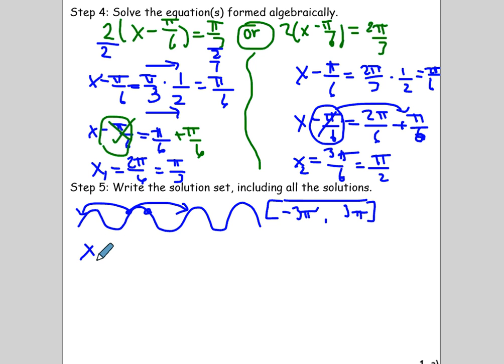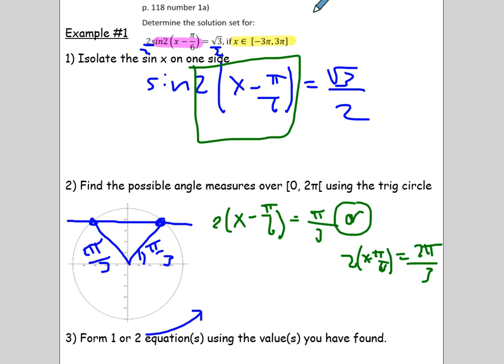So if I'm starting here at my x1, and then I want to find the next one, I'm going to call it x3. I'm going to start with pi over 3 plus, what is my period? Well, let's go back to check our equation. Here in my equation, to find the period, you need to do 2 pi over b, and here the b is 2.